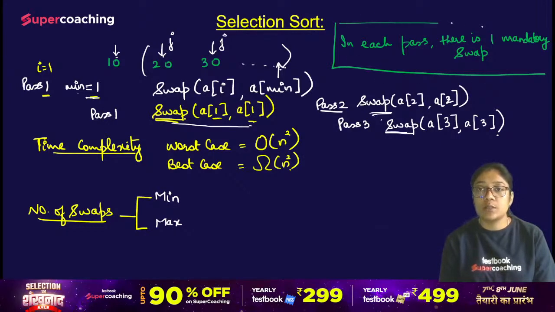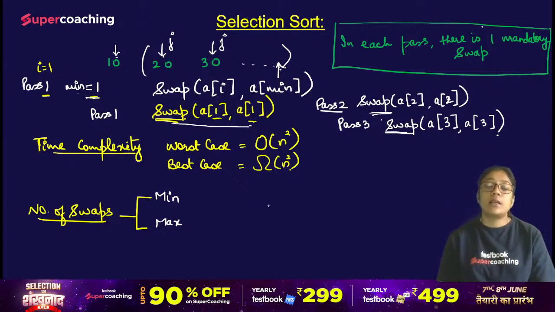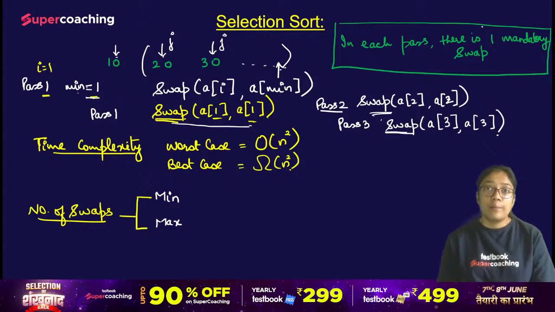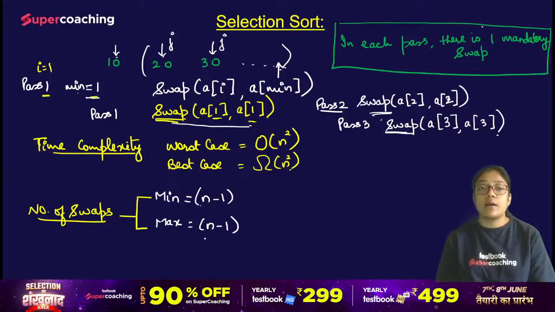अब चाहे वो आपके पास बेस्ट केस है या वर्स्ट केस है. बेस्ट केस और वर्स्ट केस में the change that is coming up, that is, in worst case it's updating the value of min, but in best case min does not get updated. So that means in simple terms we can say that the minimum number of swaps are n minus 1 and maximum number of swaps are also n minus 1. क्योंकि लास्ट पास में आपको चाहिए नहीं, टोटल n minus 1 passes are required, and in each pass there is one mandatory swap.